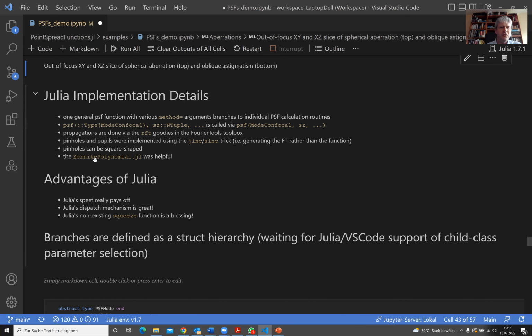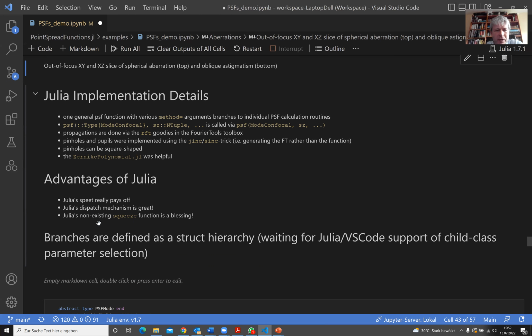And yes, as I said, the Zernike polynomials.jl was a very helpful toolbox, and I'm just using the calculation abilities of that toolbox to provide the Zernike polynomials for the modified phase functions of the aperture. And of course, further advantages of Julia are the high calculation speed, which is really important here, and the dispatch mechanism, as well as the non-existing squeeze functions.